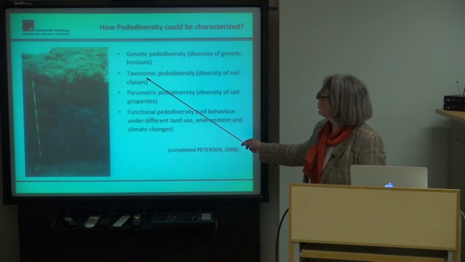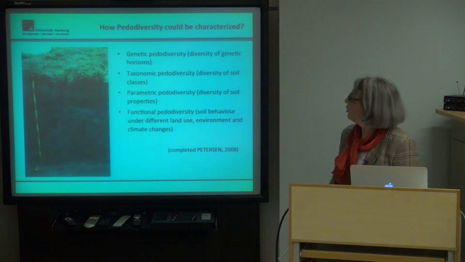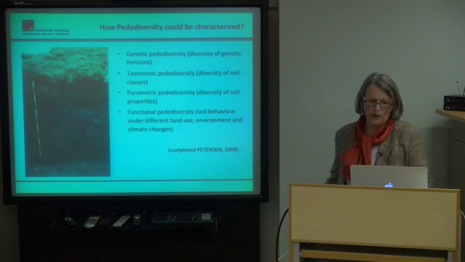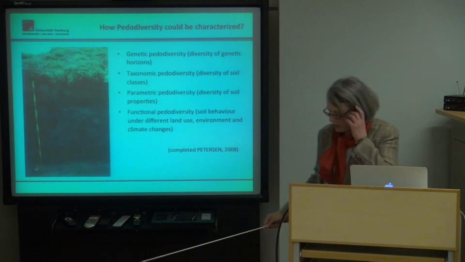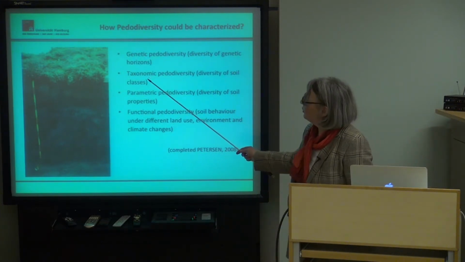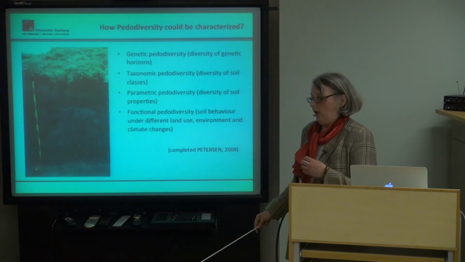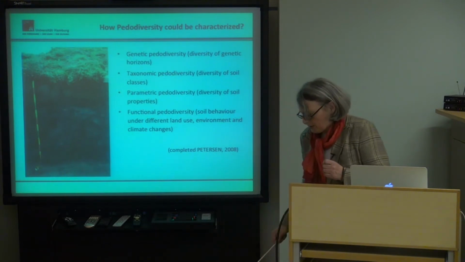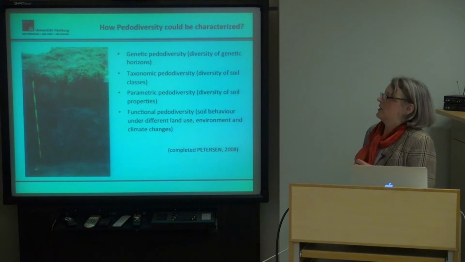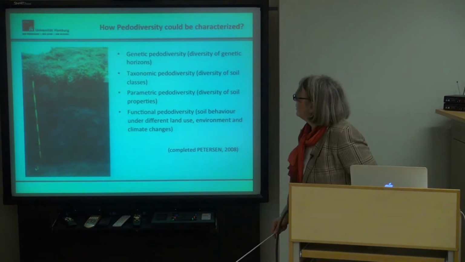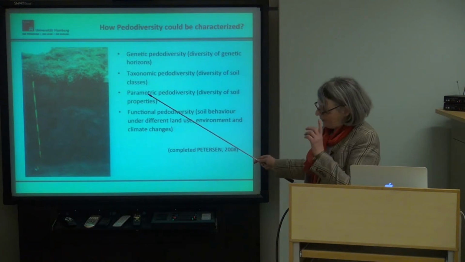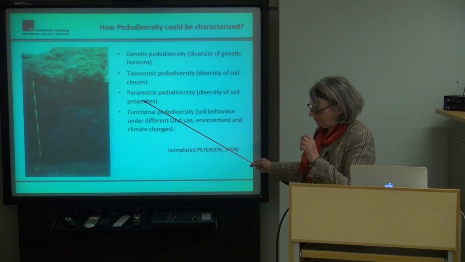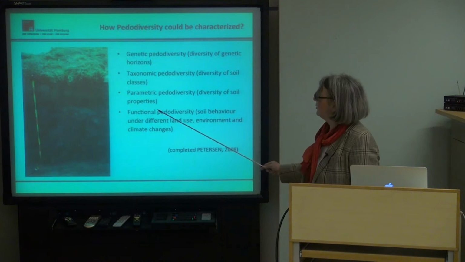Taxonomic pedodiversity is another concept. There we use soil classes or soil types, in this case the reference soil groups from the WRB, the World Reference Base for Soil Resources, which is accepted by the International Union of Soil Sciences.